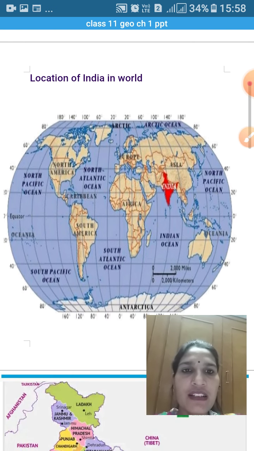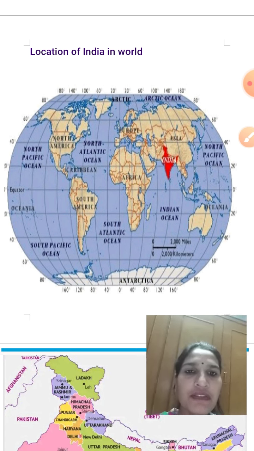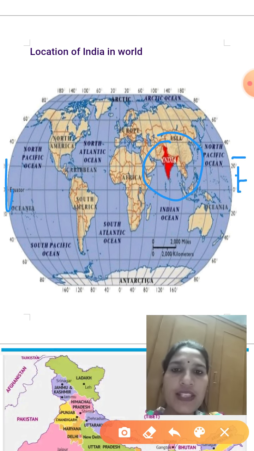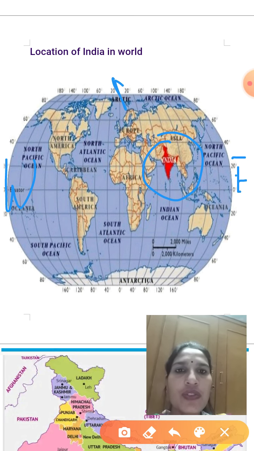Location of India. If we see the location of India in the world, you can see the red one is India here. You are all familiar with the directions. This is the east direction, this is the west direction, this is north and this is south.